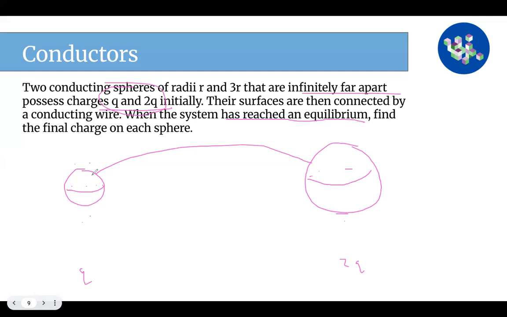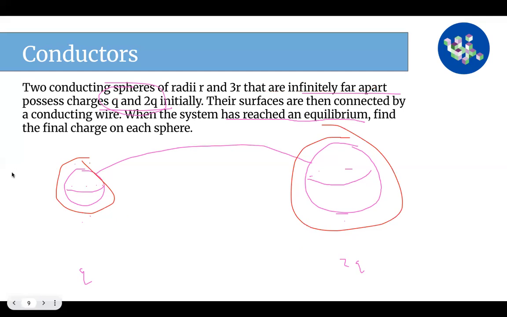If I don't want the electric field due to this sphere to affect the charges on the other sphere, I'll just say that they're infinitely far apart. So the electric field over here due to this sphere will be basically zero. So I can just neglect the electric field created by one sphere and affecting the other. I don't want to include that because if we do, it's going to be pretty complicated.